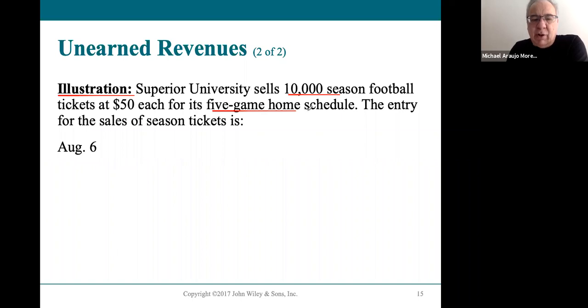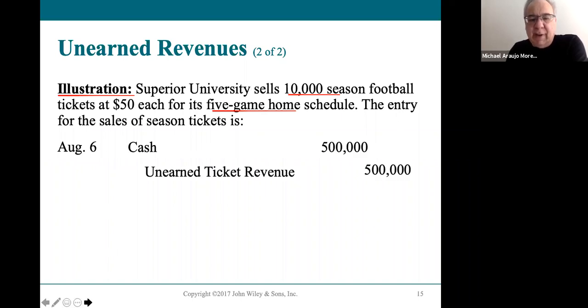Okay. So they're collecting all that money up front. So they're going to collect $500,000 in cash, but it's all unearned revenue. So in this case, they've labeled it as unearned ticket revenue. That's their liability account. That's why it's credited. Okay. So again, it's sitting in the liability.